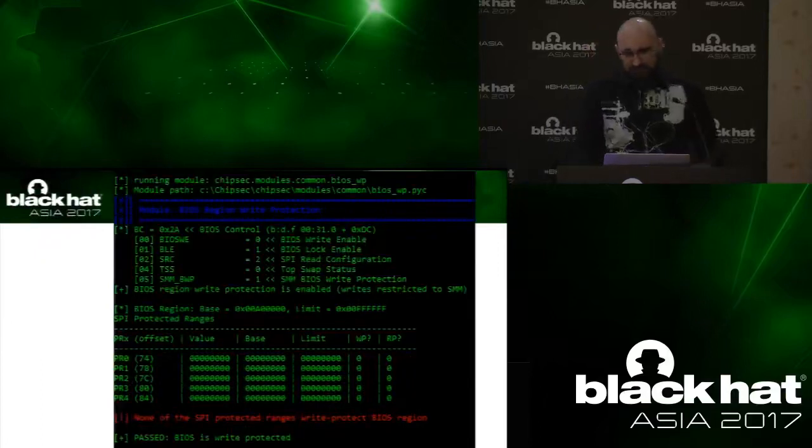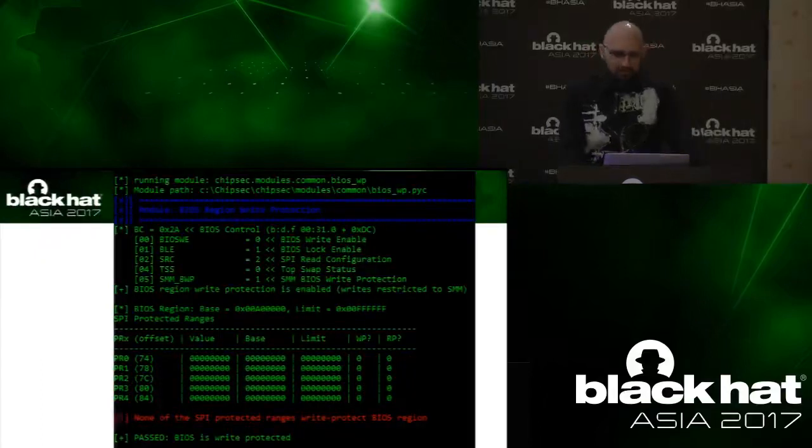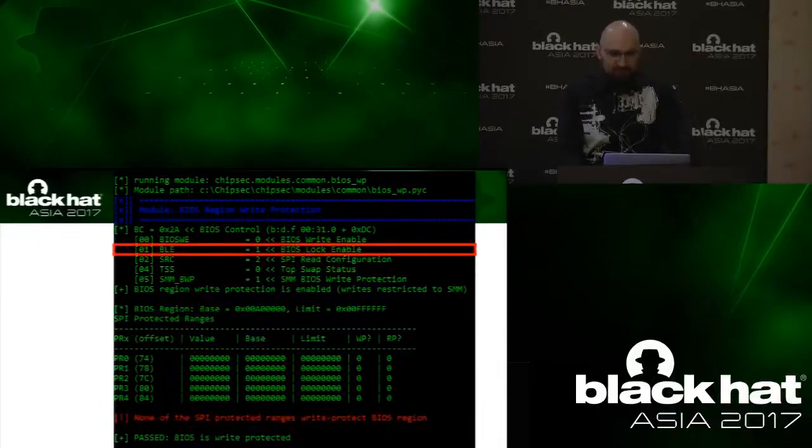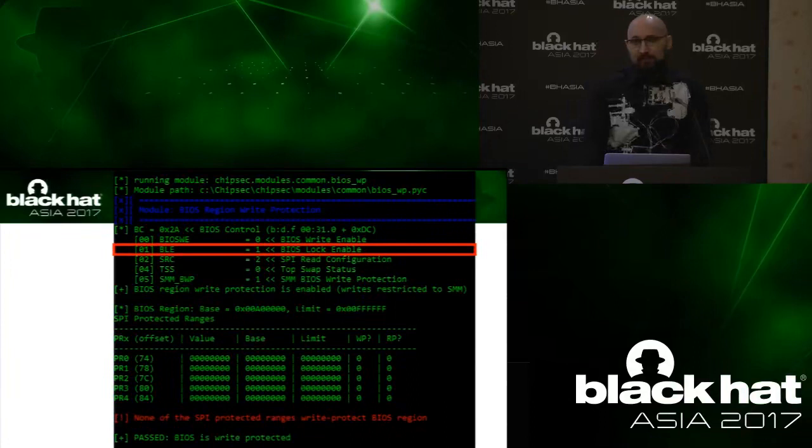So yeah, on this platform, with BIOS lock enabled, you can see BLE is set to 1 and BIOS write is 0. It's exactly because we used a vulnerability with unauthenticated BIOS update and delivered the update through the legit updater.